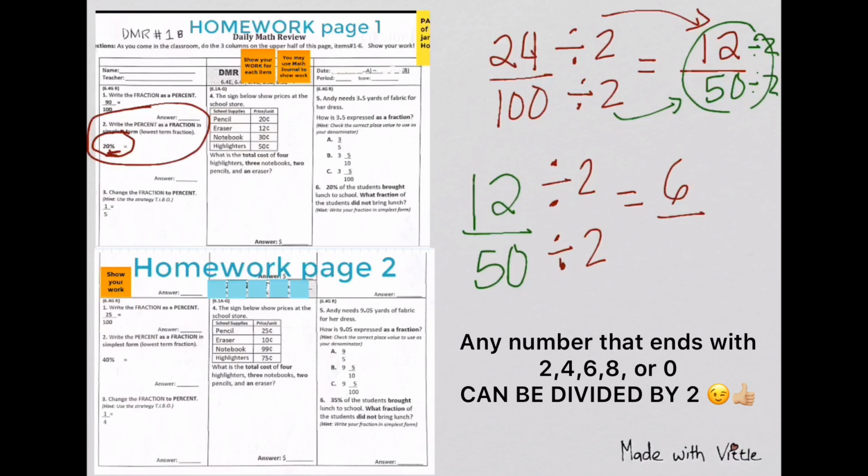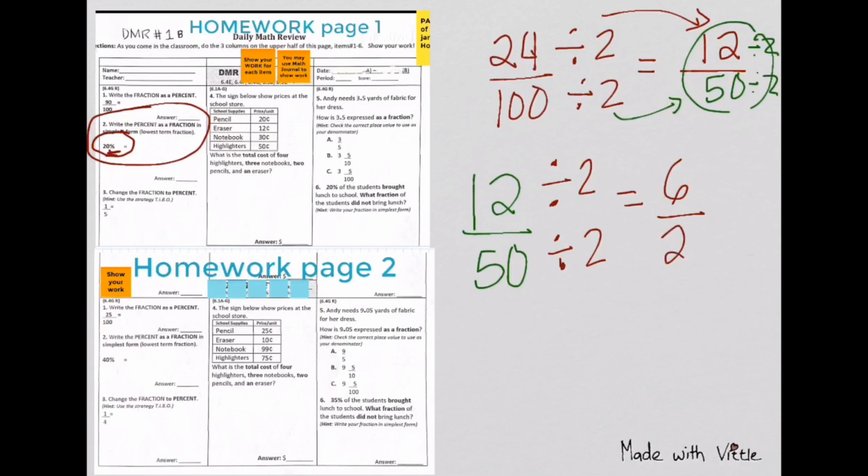And 50 divided by 2, it's like 50 cents divided by 2 people, you're going to have 25 cents. Or $50 divided by 2 is 25. Now, as you can see, 6 is an even number, while 25 that ends with 5 is an odd number. That means you can no longer divide these two numbers by 2. And therefore, this is our simplest form and your final answer.